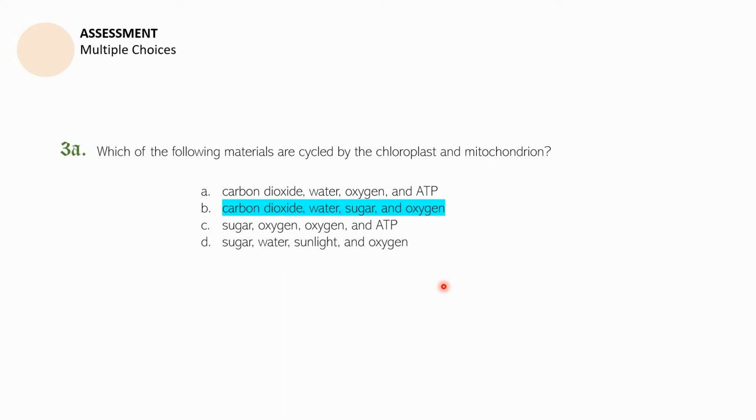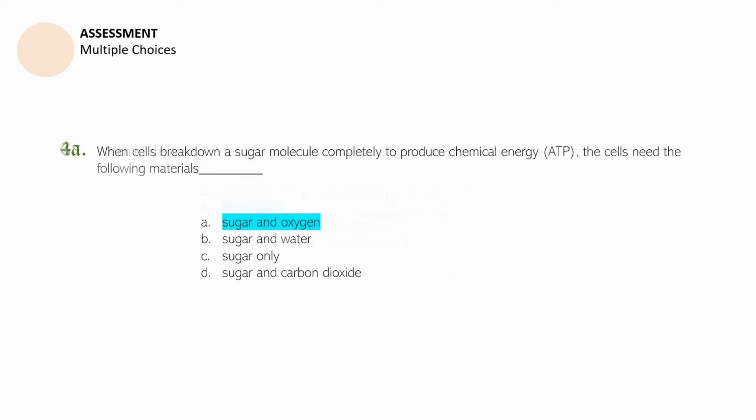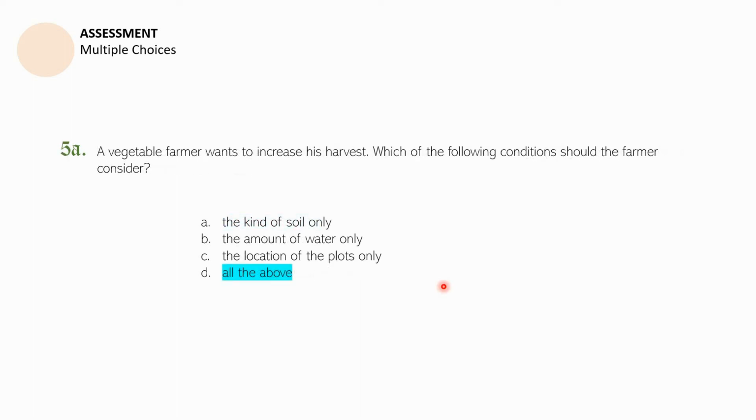The answer to question number 3 is carbon dioxide, water, sugar, and oxygen, letter B. The answer to question number 4 is sugar and oxygen. The answer to question number 5 is all of the above.